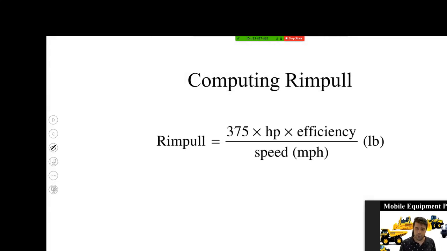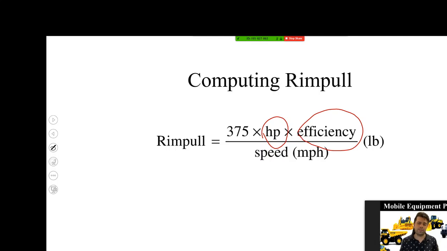If you remember, rim pull was the force that the tires could apply on the surface to make the machine move. So it is directly related to the power that the machine is generating and the efficiency.